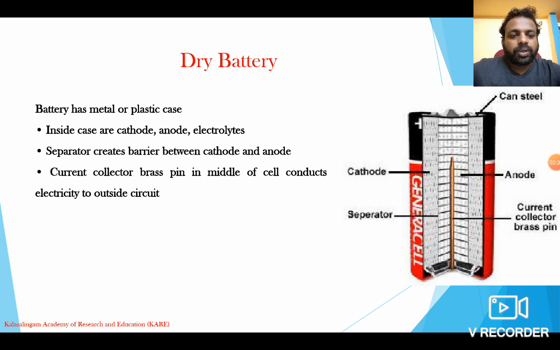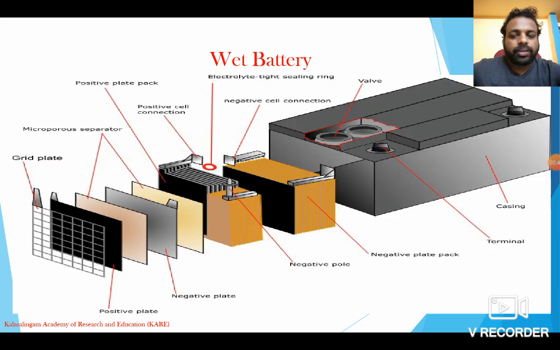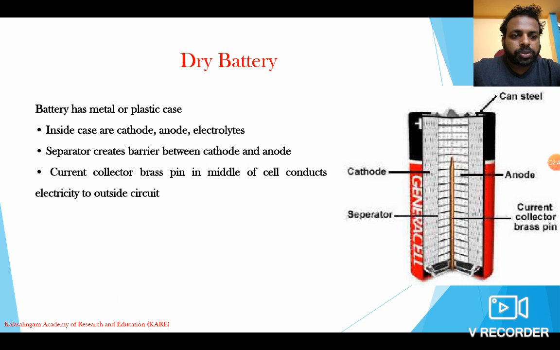In the dry battery we use a gel type of electrolyte. In the outer portion we have a steel cover, which may also be protected with plastic material. The use of the cover is to protect the inner parts from dust, moisture and other impurities.